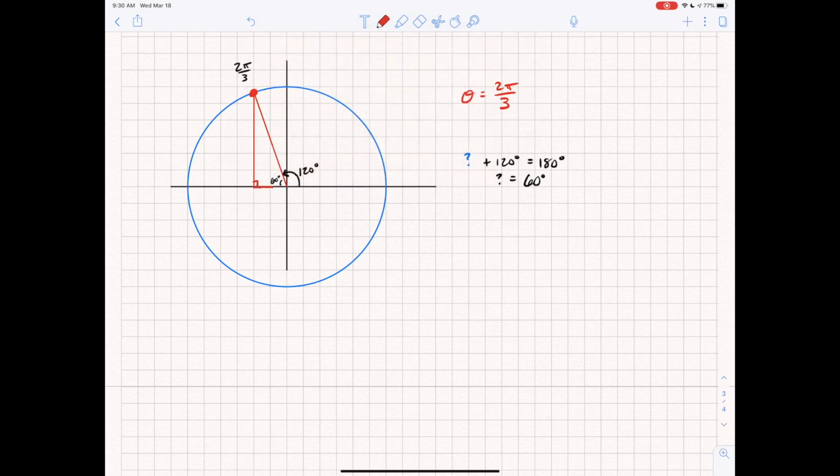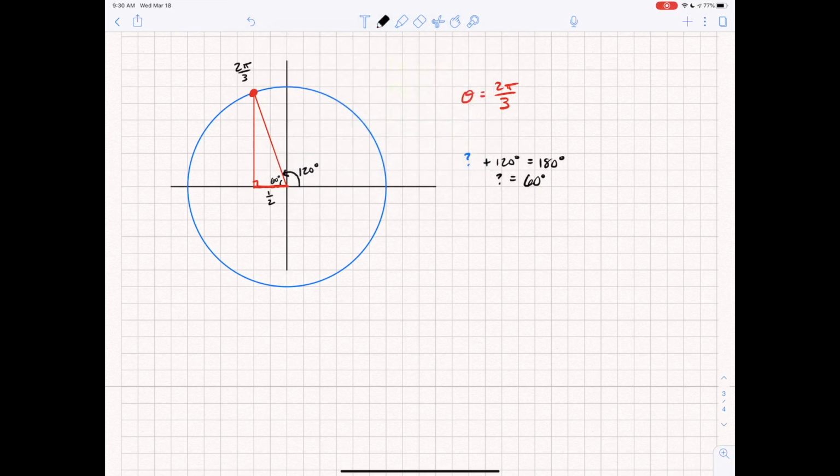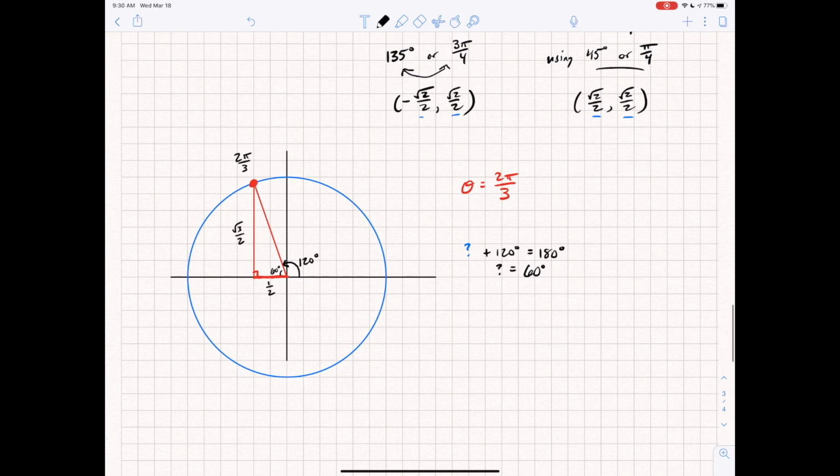The horizontal has to be 1/2. Across from 60 is root 3 over 2, which means I can now do my ordered pair. This would be negative 1/2 and root 3 over 2. Now again, why does this negative need to be written here in terms of the coordinate?